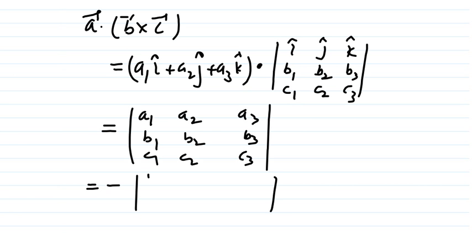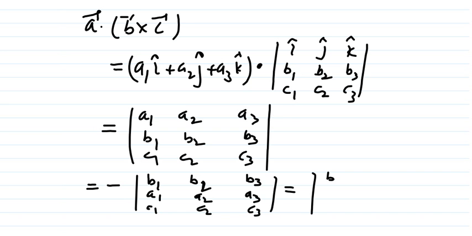The first row will become b1, b2, b3. Second row will be a1, a2, a3, and c1, c2, c3. Again interchanging these two, second and third row, we can get again a minus sign. So then minus minus will become the plus. So you can write b1, b2, b3, c1, c2, c3, and then a1, a2, a3.